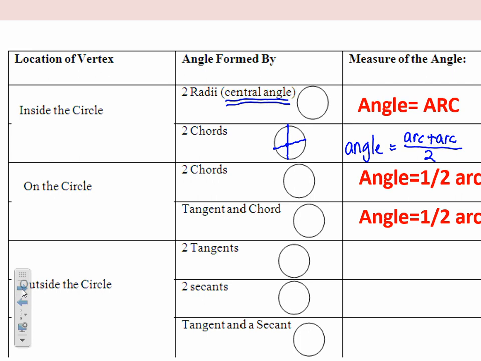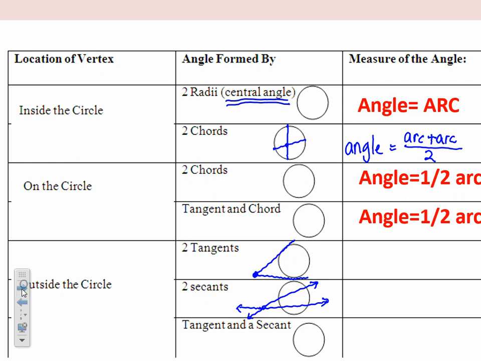Two tangents, two secants, a secant and a tangent. Let's draw a few pictures here. Two tangents might look something like this. Here's one tangent. Here's another tangent. Here's the angle out here. When we're trying to find that angle, we're going to use the same formula we would when we have two secants. Secants are lines that go all the way through the circle, okay? And let's say they go like this, and they go like this. Good job.